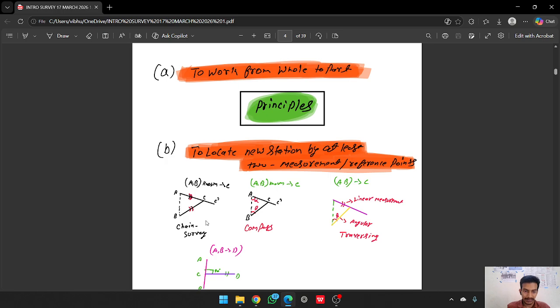Horizontal distance is known as chain survey. If we do it with two angles, then it is known as compass survey. If we do it with linear measurement and angular, then it's known as traversing.